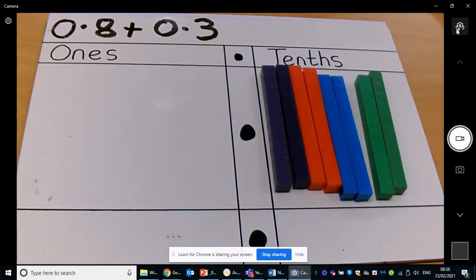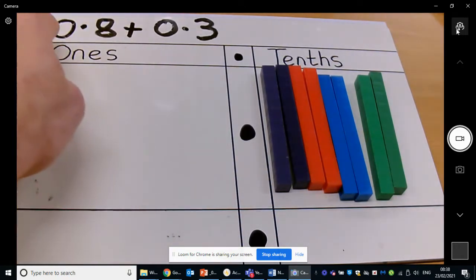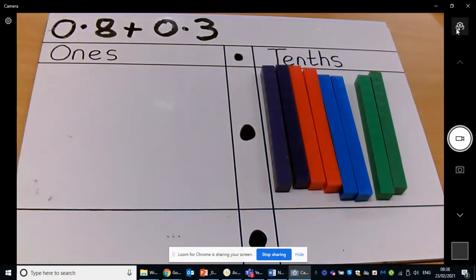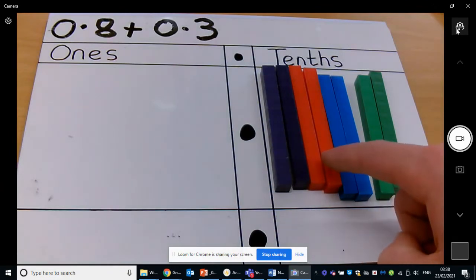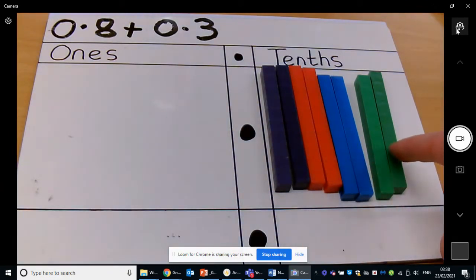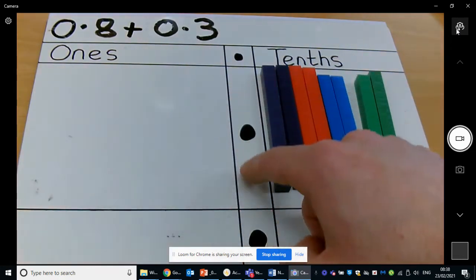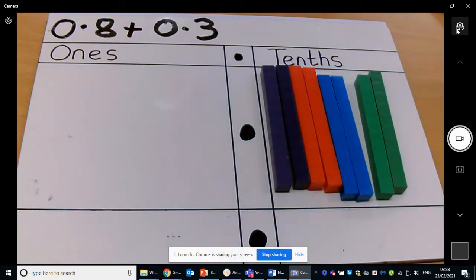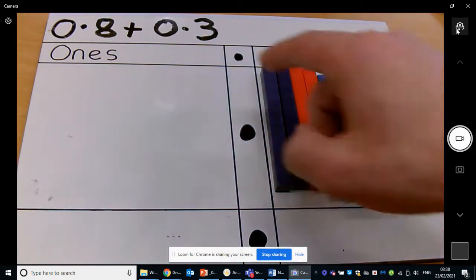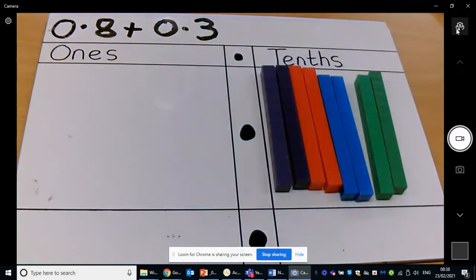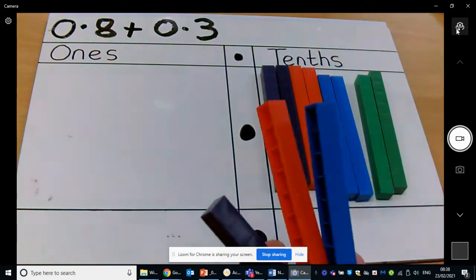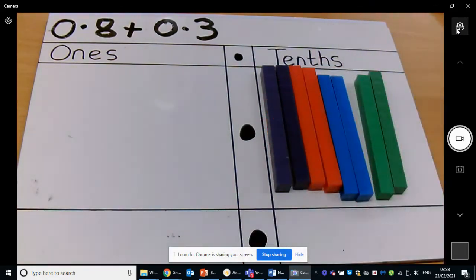I've got nothing on my ones because there's nothing in 0.8, and I've got 1, 2, 3, 4, 5, 6, 7, 8 tenths. So I've got 0.8 shown in Dienes here, and what I've got to do is add 0.3 to this. So I've got my 3 other tenths that I need to add on.